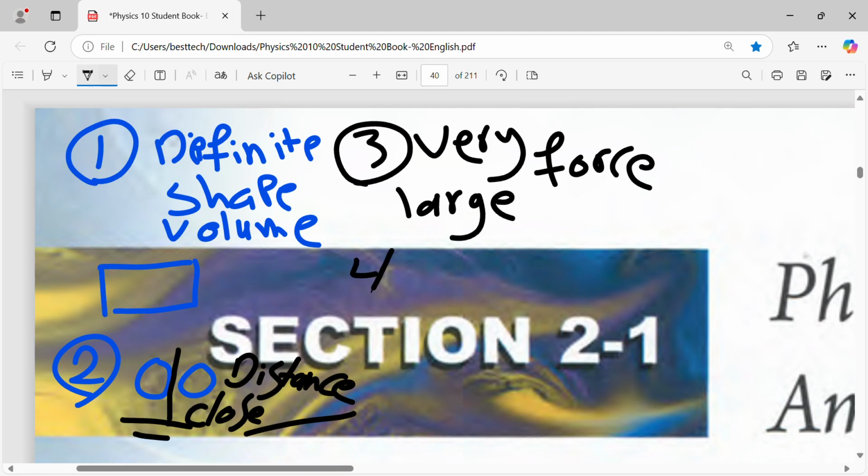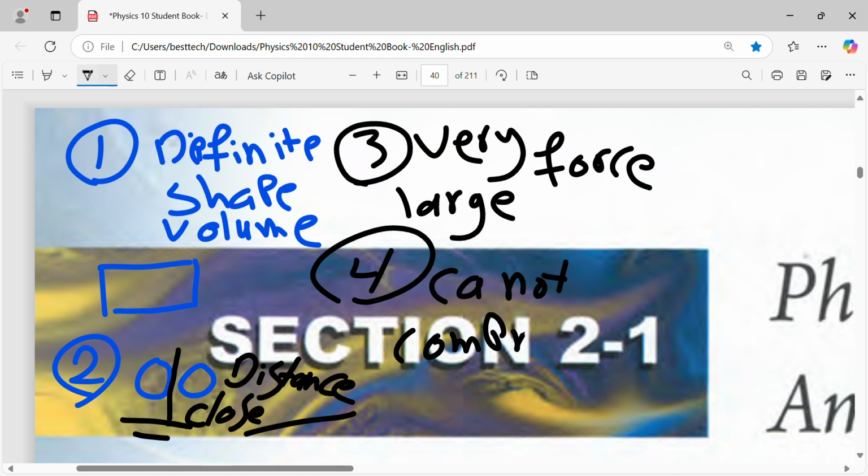And the last property: incompressible, or cannot be compressed. Guys, a solid property: we cannot apply pressure. Compress means pressure. We cannot apply pressure on the solid matter because the distance between the molecules is so small.